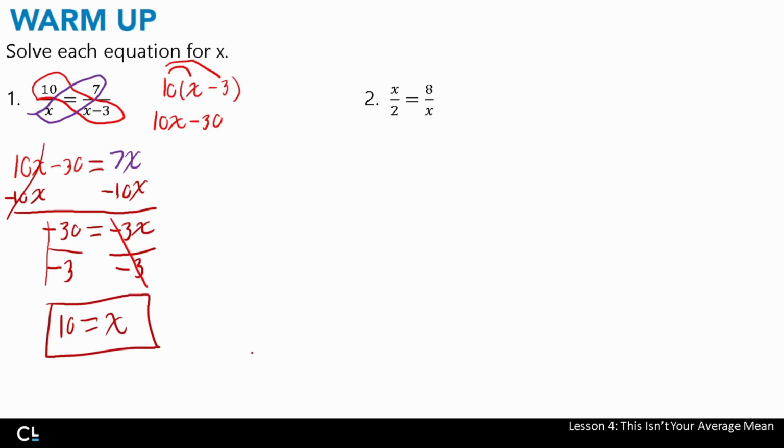Awesome. Now for my second one, once again, it's something that's a little different than what we've been seeing, right? So first of all, I want to start with my x times x. Uh-oh. I haven't seen this in a while. Now, this might be something that we forgot about. We have to be careful. X times x, that's the same thing multiplied by itself.